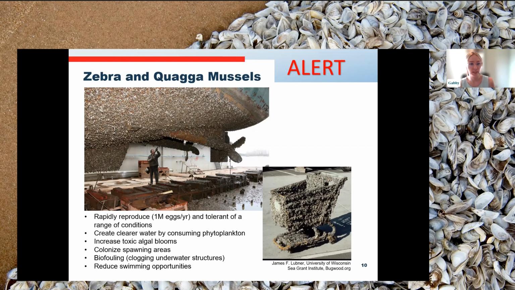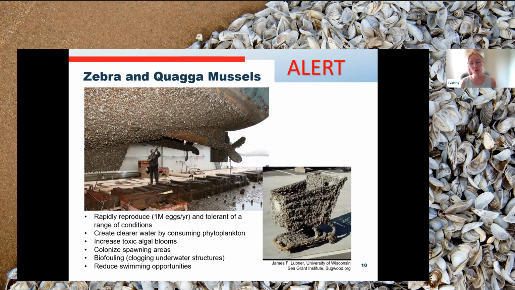Zebra mussels have also been linked to toxic algal blooms, which can cause habitat loss and fish die-off. They colonize in spawning areas, covering surfaces which could be used for fish eggs and fish spawning. So that again is inhibiting the growth and productivity of other native species.